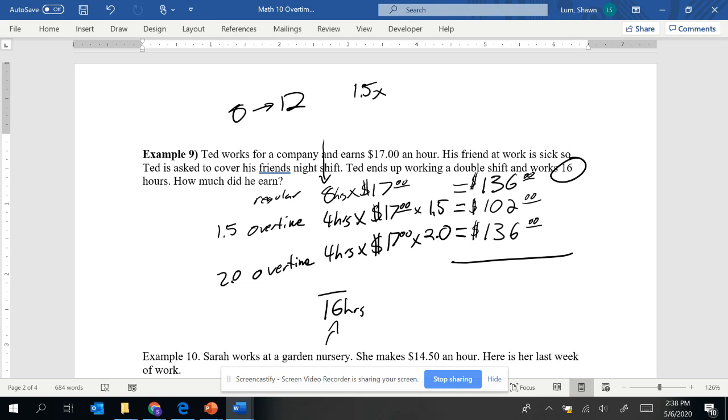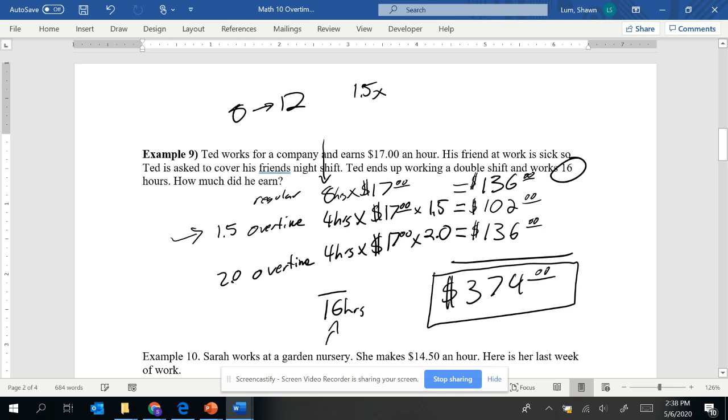And we want to add all these things up. Okay, and so his total wage for this one day of work is $374. Okay, so this is kind of like, again, how you incorporate this time and a half and how you incorporate this double time right there.